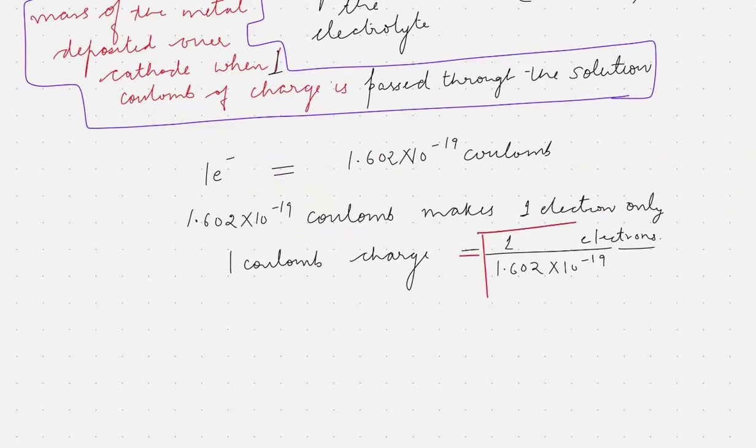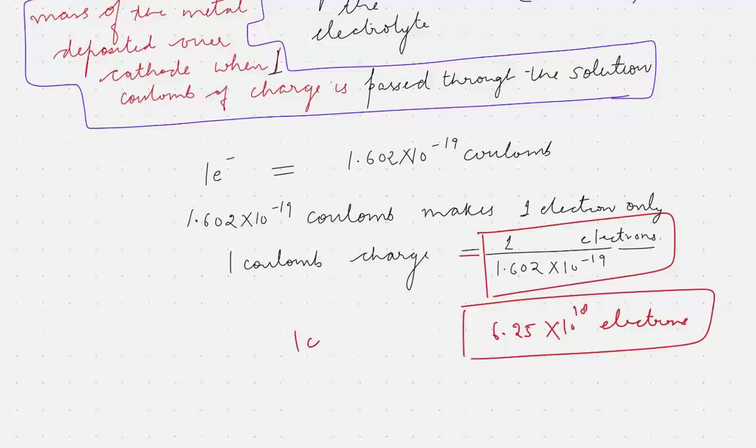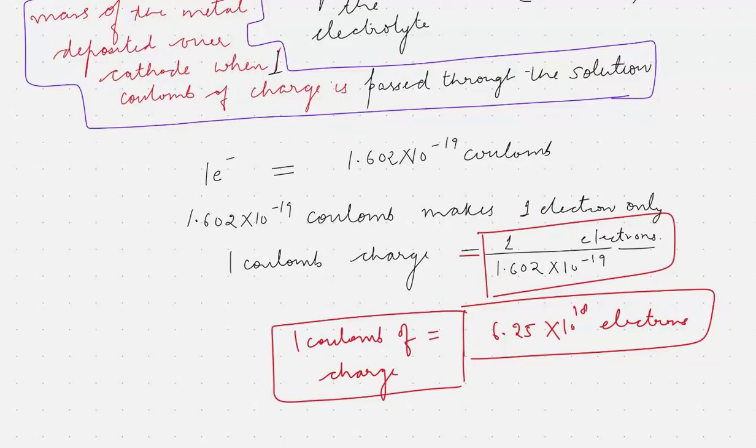If I solve this value, it comes out to be 6.25 into 10 raised to power 18 electrons. So when I say it is 1 coulomb of charge, how many electrons is it going to contain? This is exactly going to be 6.25 into 10 raised to power 18 electrons.